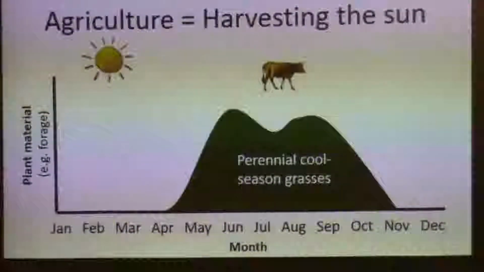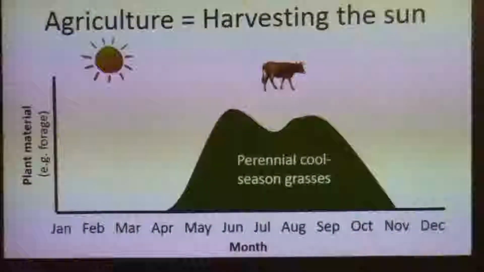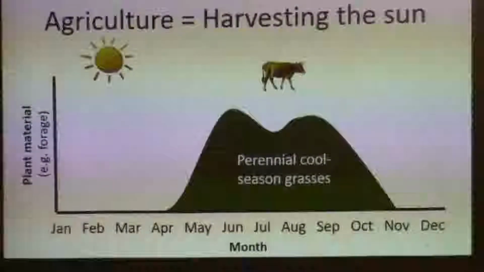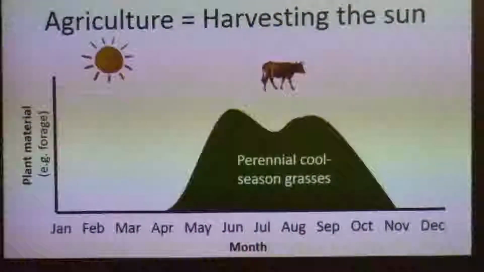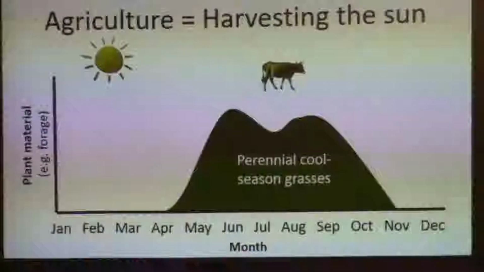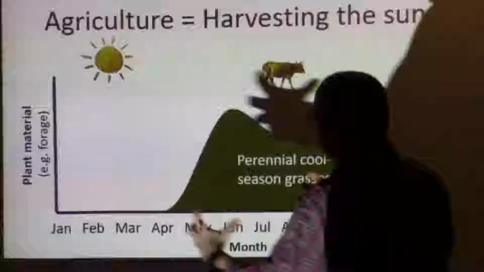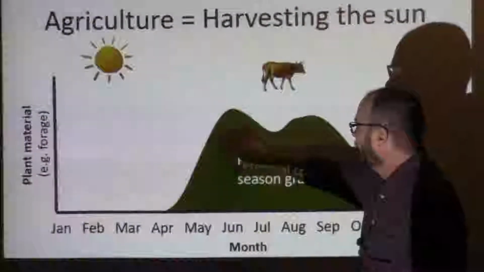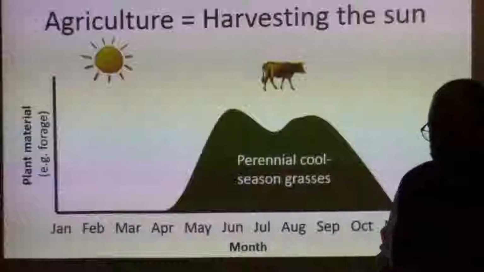So our grazing systems are primarily based on perennial cool season grasses and legumes. And because they're perennial, they tend to take a little bit of time to ramp up in the spring, but they do most of their growing and capturing of the sun's energy in the cooler seasons, cooler portions of the grazing season.